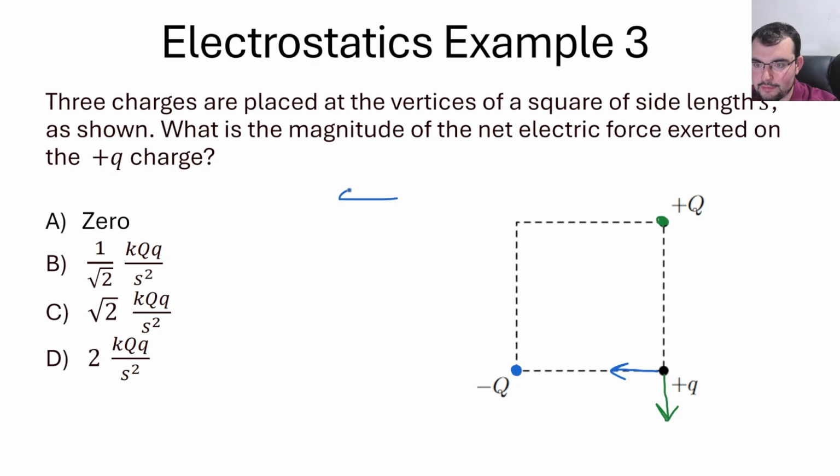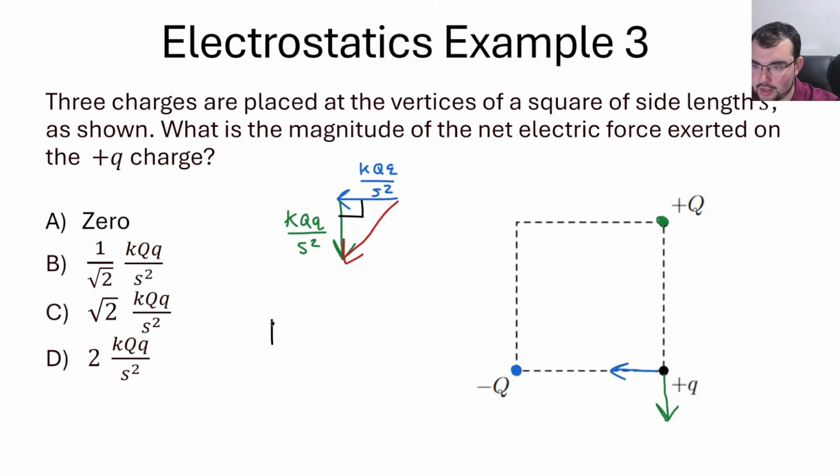So we have a force, KQQ over S squared, left, and KQQ over S squared, down, so the hypotenuse is therefore going to be the right triangle constructed there.